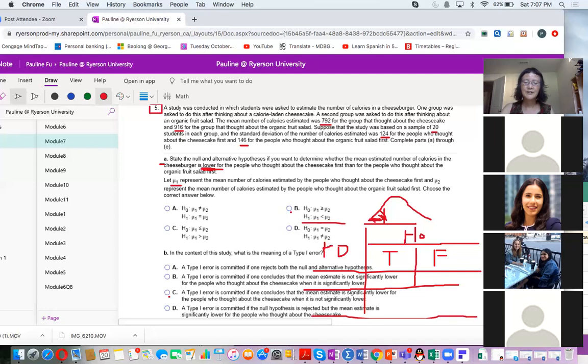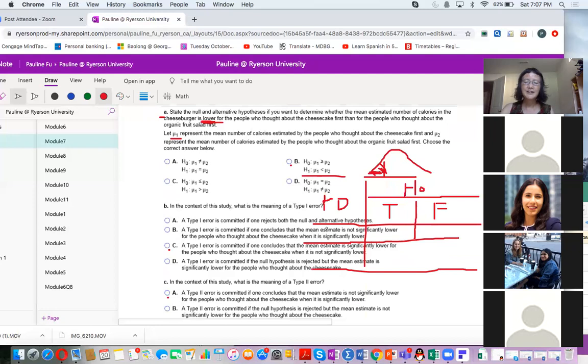And your decision could be to reject H0. When H0 is true, but you reject H0, you are making type 1 error. This is the definition of type 1 error.